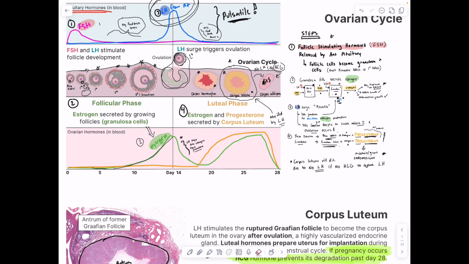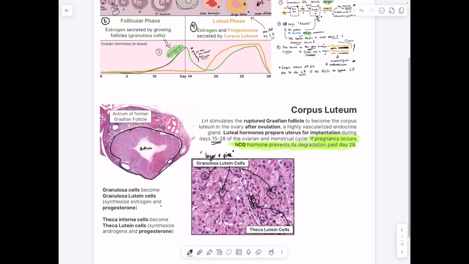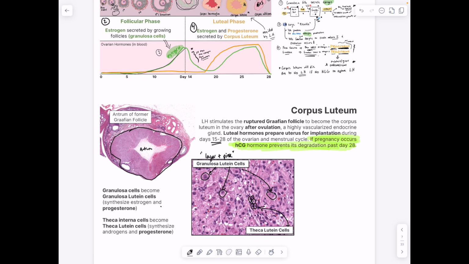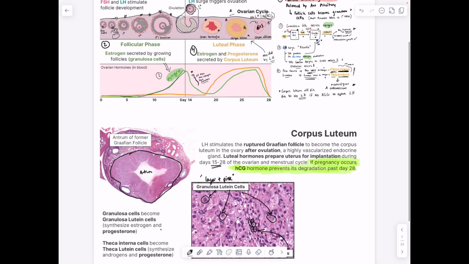HCG is identical in function to LH, close enough in structure that it's the same thing. And so HCG will maintain the corpus luteum, and the corpus luteum produces progesterone, pro-pregnancy, aka pro-endometrium, which will mean it will maintain the endometrium of the uterus.